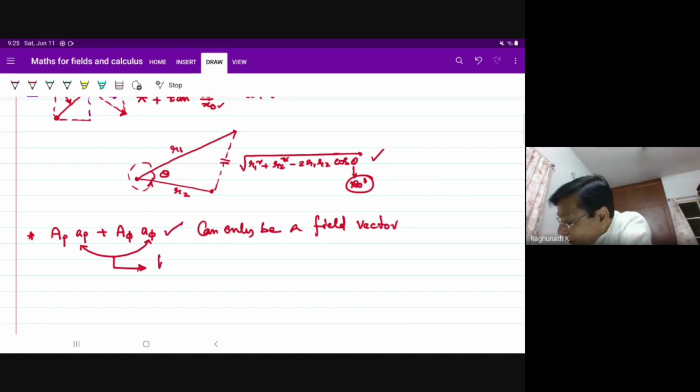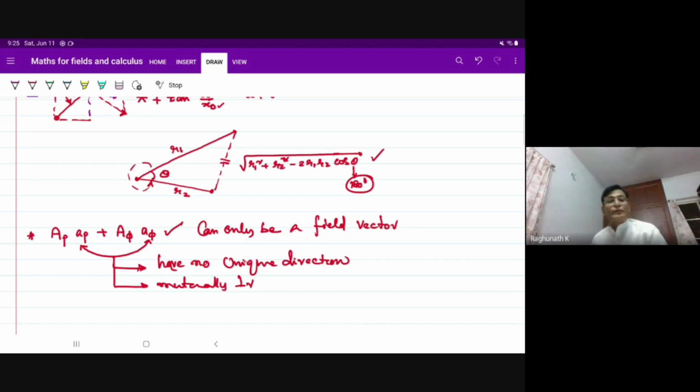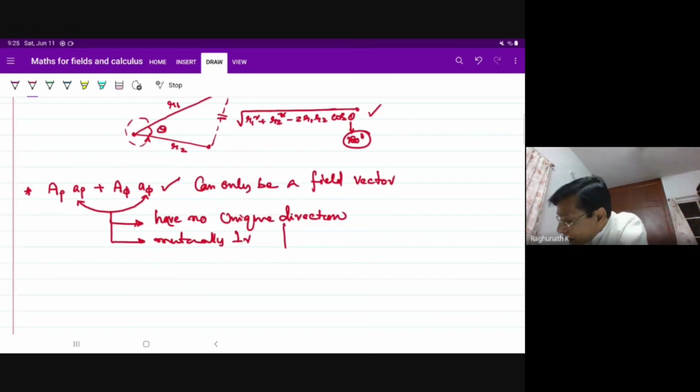Initially only, have no unique directions. They are mutually perpendicular. I'm giving the statements. I will explain it.